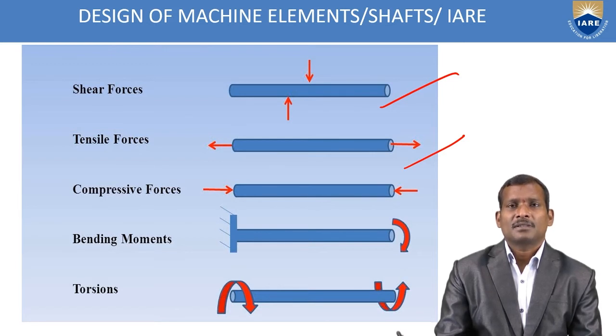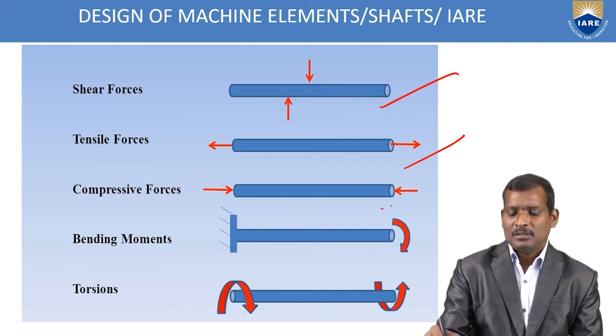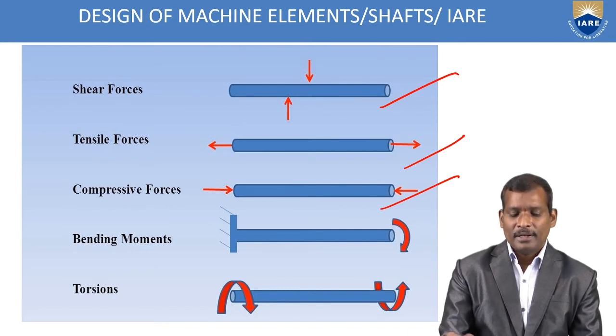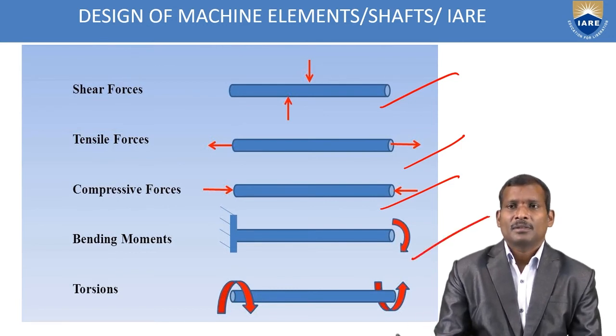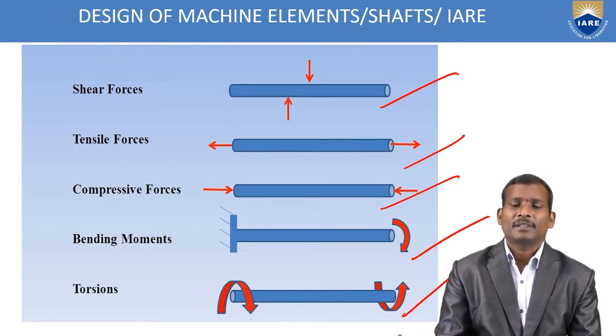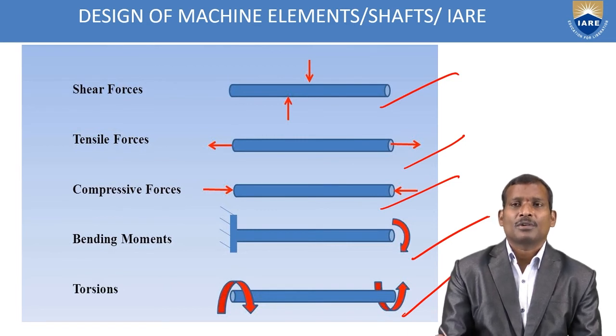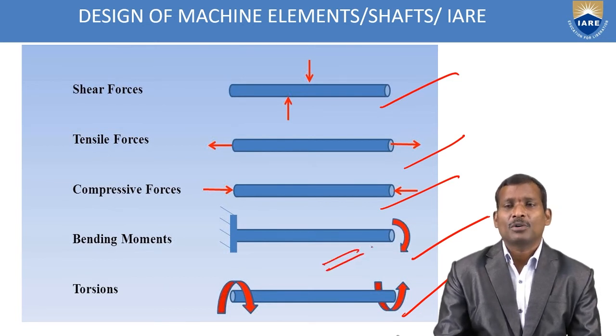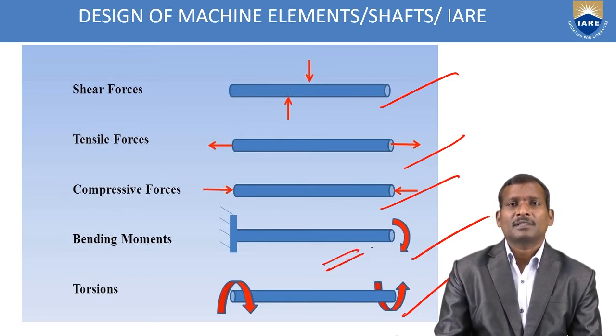Compressive stress: the nature of load is here compressive. And bending moment, shown here as a clockwise bending moment. And torsion, the twisting moment. Due to torsion, torsional shear stress will be induced, and due to bending loads, bending stresses will be induced.